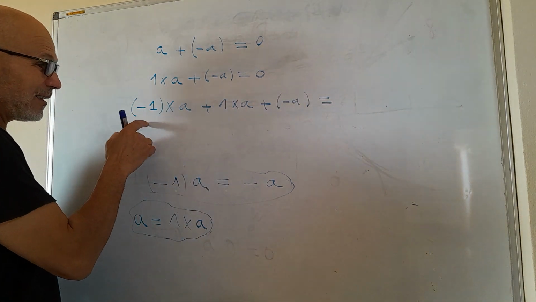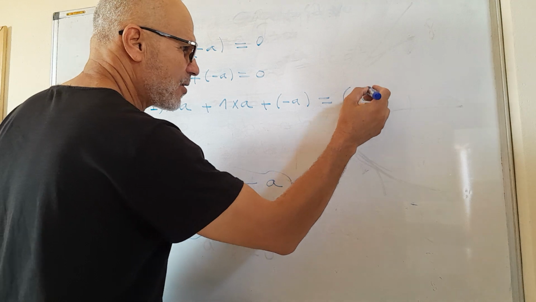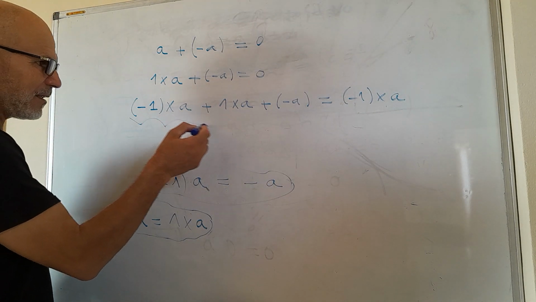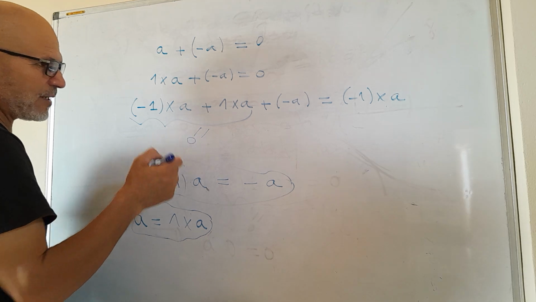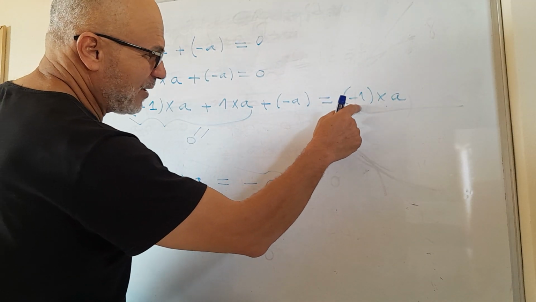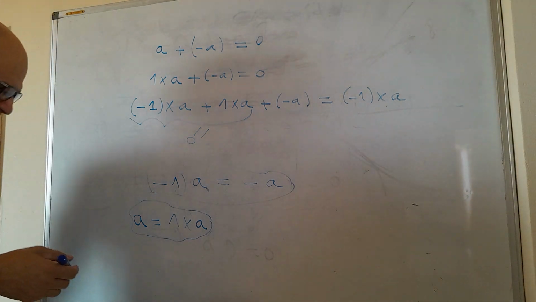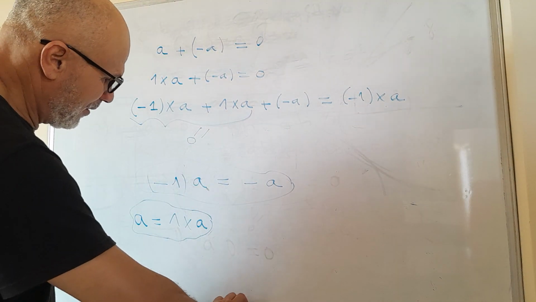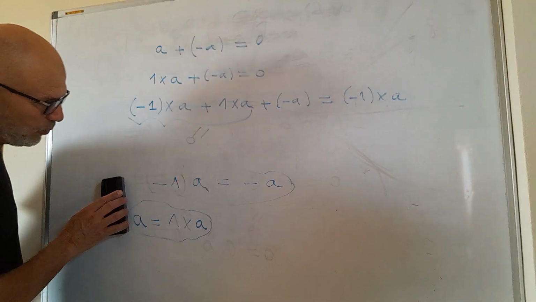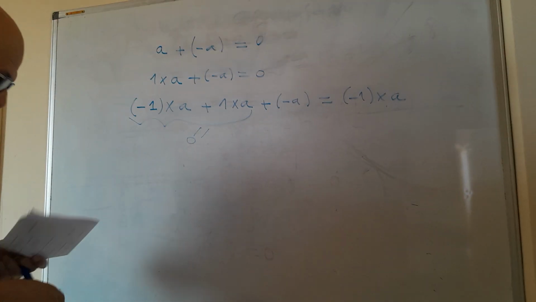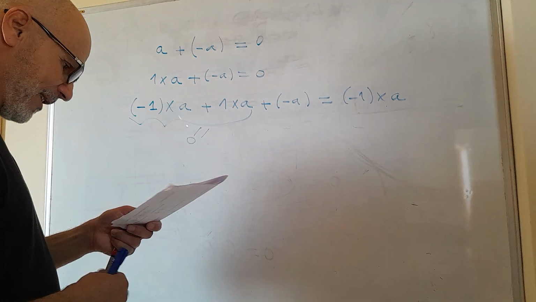This is equal to the first one, minus 1 times a. But this element is equal to 0, which means that minus a is equal to minus 1 times a. We can prove this using a next result, which we will treat in a few minutes.